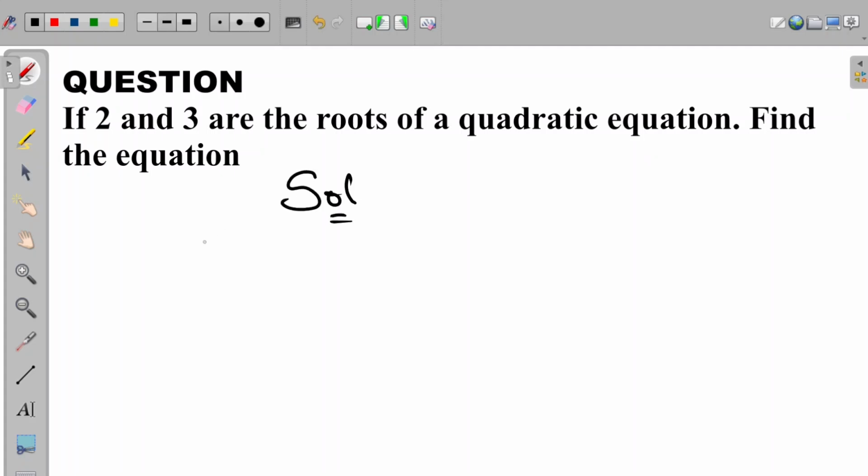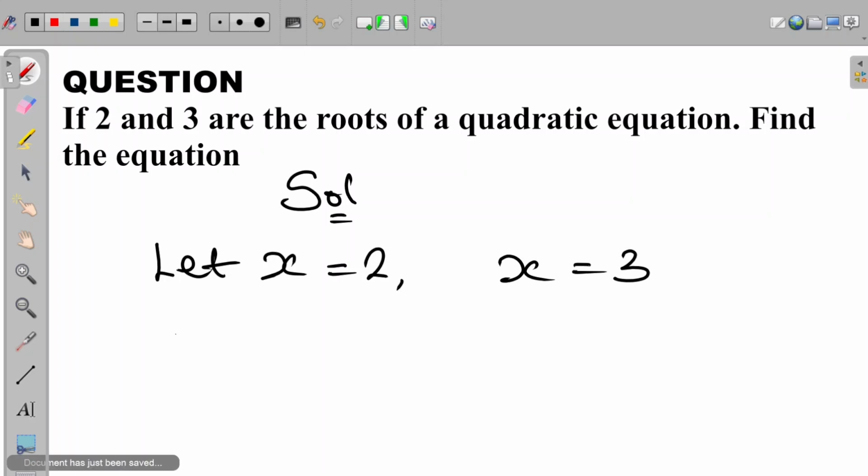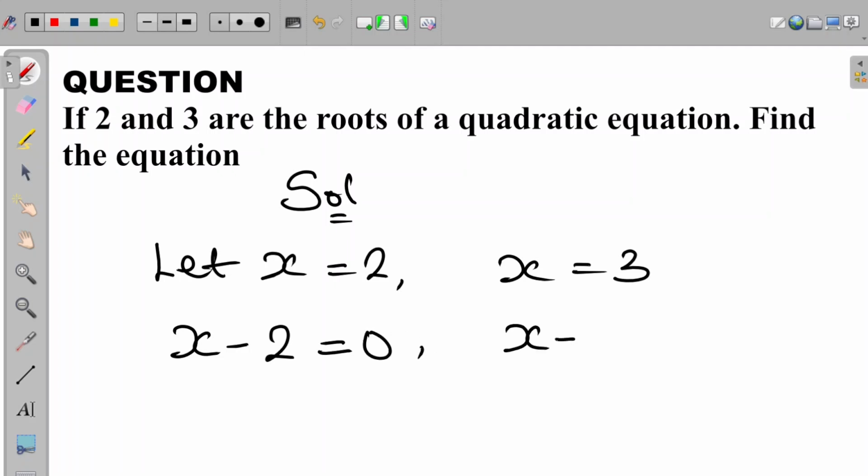Solution. So we have that 2 and 3 are the roots of a quadratic equation. So let x be equal to 2 and x is equal to 3. Therefore, we have that x minus 2 is equal to 0 and x minus 3 is equal to 0.